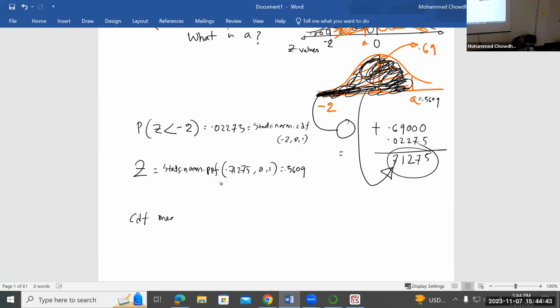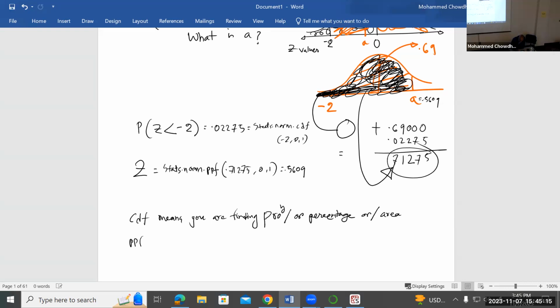CDF means you are finding probability or percentage or area, the area under the bell-shaped curve above the horizontal line.